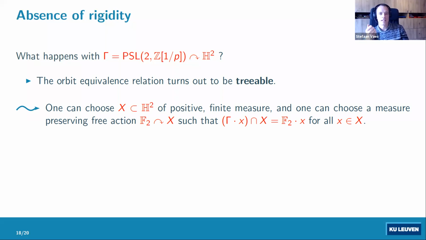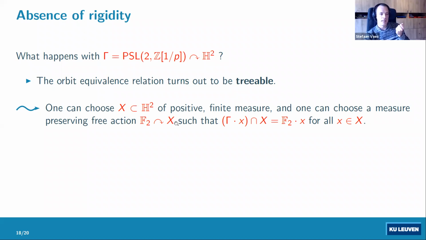Now I will on the next slide give you the formal definition of a treeable equivalence relation. But it has a consequence, as I will also explain on the next slide, due to Greg Hjorth. And a consequence is, it's not very explicit, of course, but one can prove that therefore in the hyperbolic plane, I can choose a set of positive and finite measure.